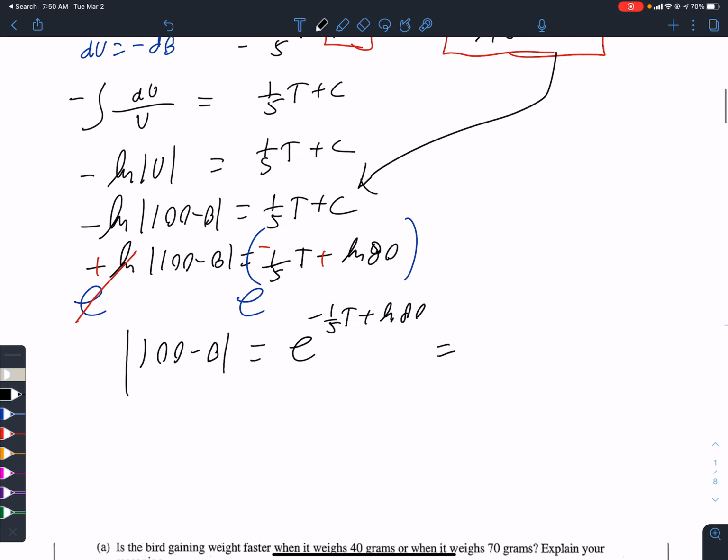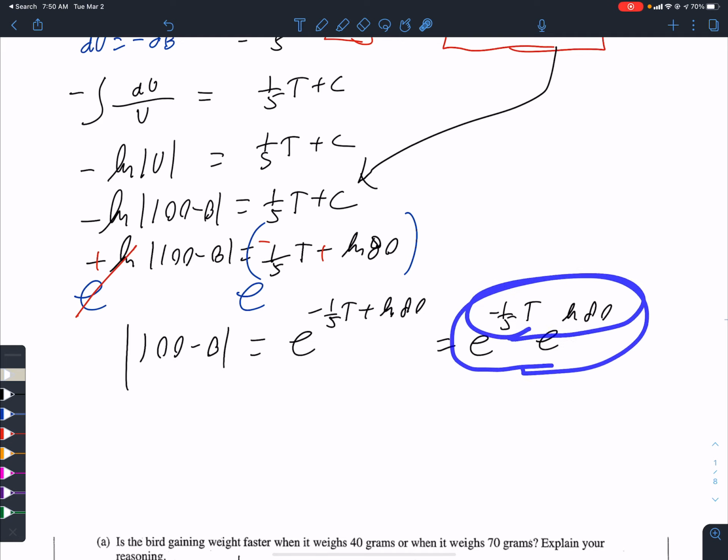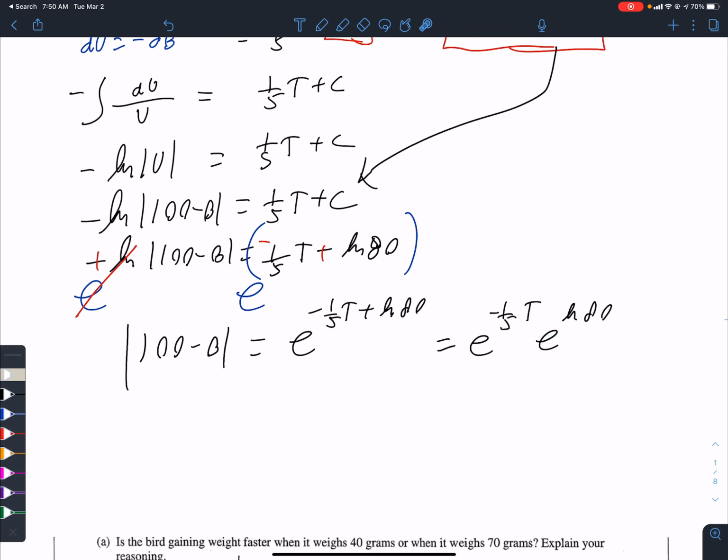I can rewrite this, and here's where you need your algebra skills. Exponents with the same base, you add the exponents. Well, if I add those, I get that. So that's equivalent. And e and ln cancel, leaving 80. So I get this. I'm going to put the 80 first, and that part second.